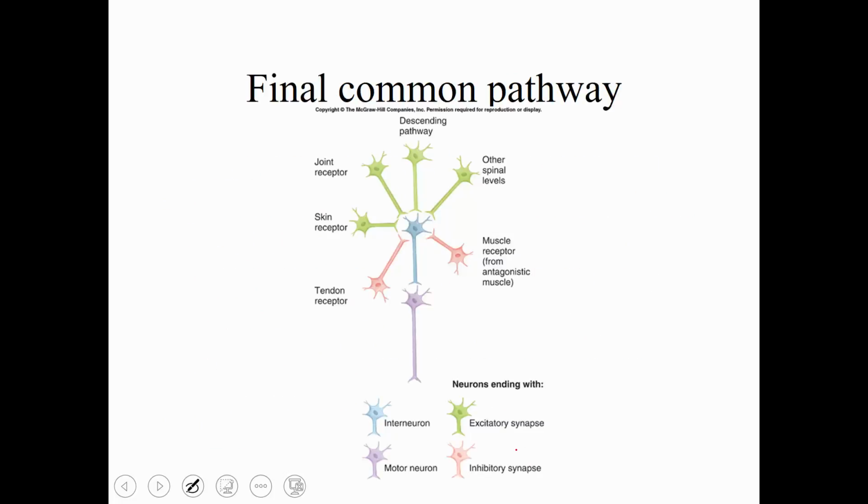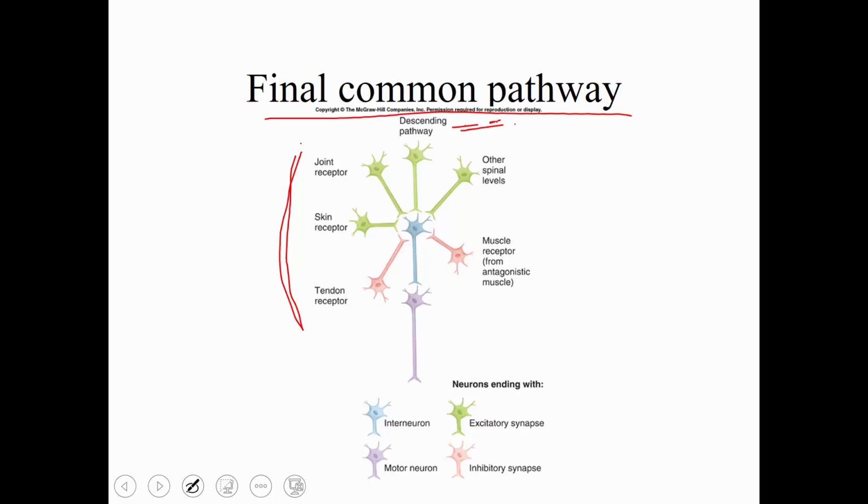So we need to talk about what's going on with the motor system, and I'm going to start from the bottom and come up. So we think about the lower level of our motor system as the final common pathway. So you see sensory information coming into the spinal cord.